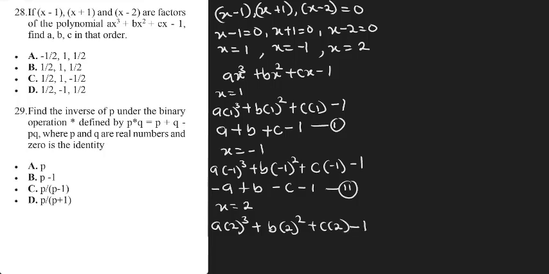So 2 cubed is 2 times 2 times 2, which is 8. So we're going to have 8 times a is 8a, right? Then plus 2 squared is 4, so 4 times b is 4b. Then plus c times 2 is plus 2c, minus 1. This is equation 3.